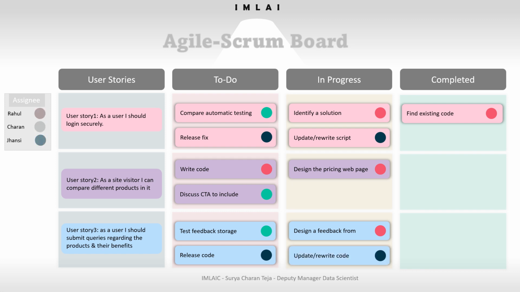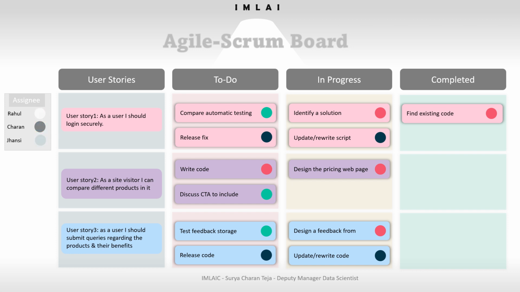And one more task that has been assigned to Jancy from user story 3, that is update or rewrite code. She started it and she's presently working on this. So at this moment we can easily find that we have 3 assignees. Out of that we have a few tasks. And if you see Rahul, he has completed one task and is working on 2 tasks, identify a solution and design the pricing web page.